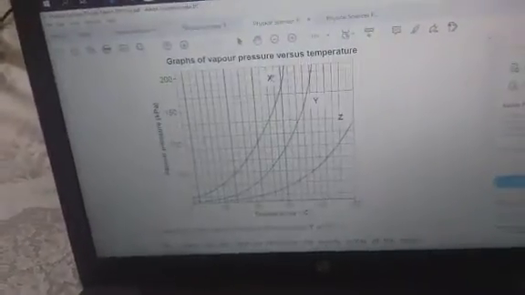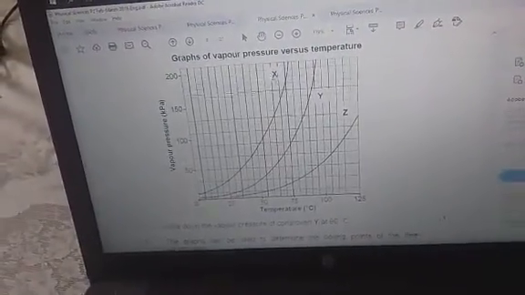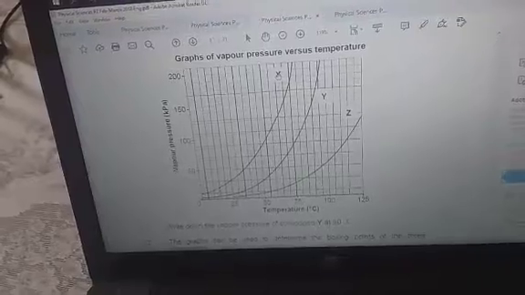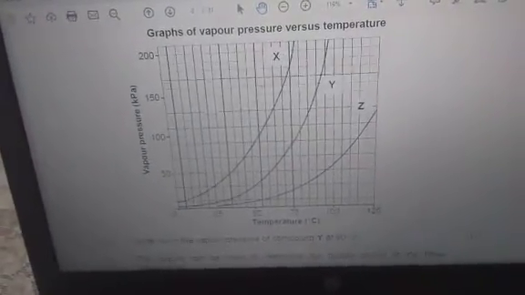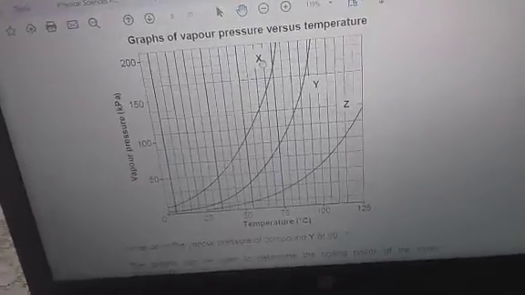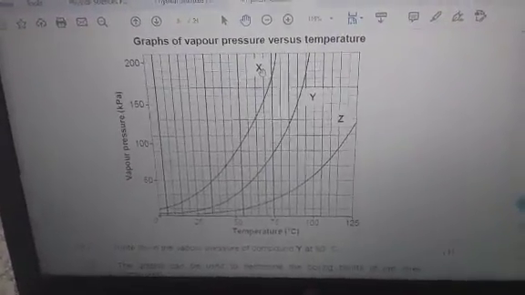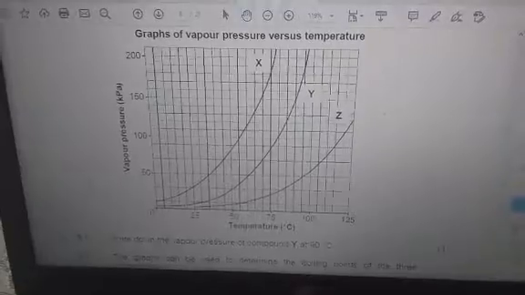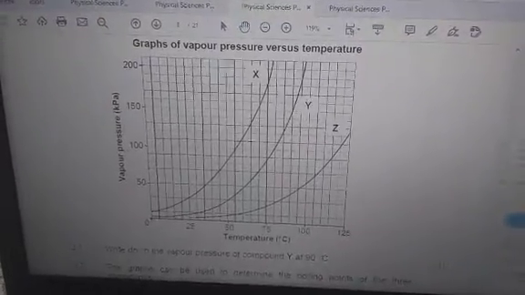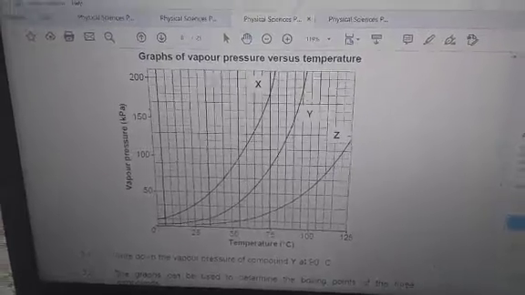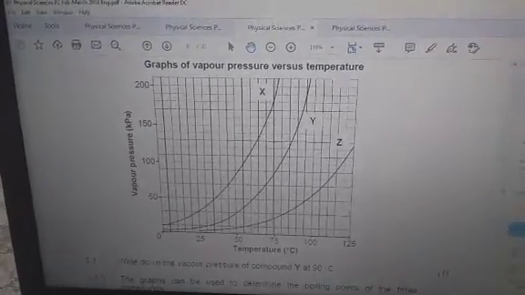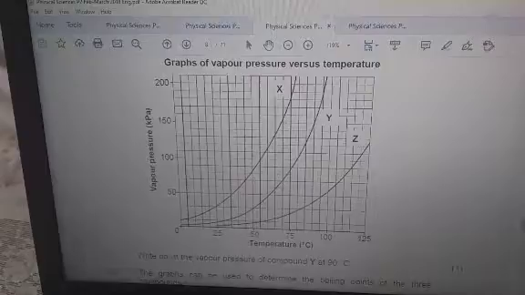As you can see, compound X appears to have the highest vapor pressure because it needs less energy. It must be a weak compound like alcohol. This one. Let's see.